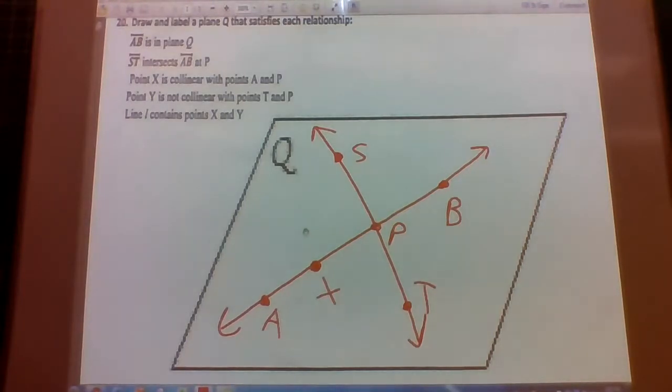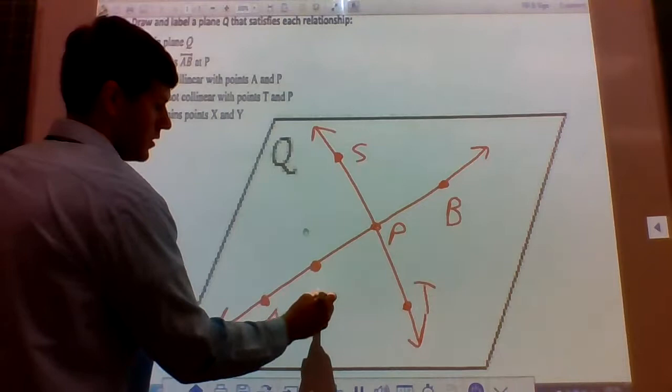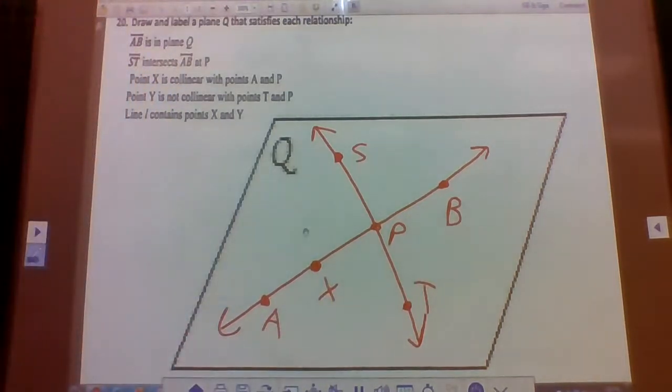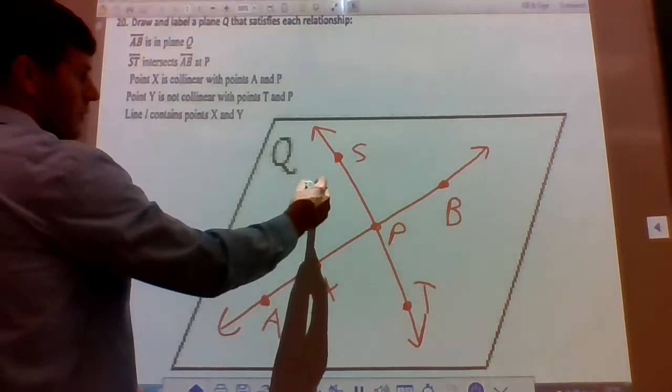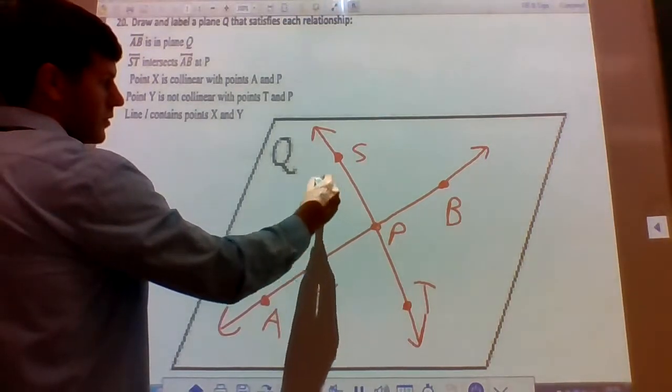Point Y is not collinear with points T and P. So not collinear, so not on the line. Again, we can put Y anywhere off that line. Let's put it right here.